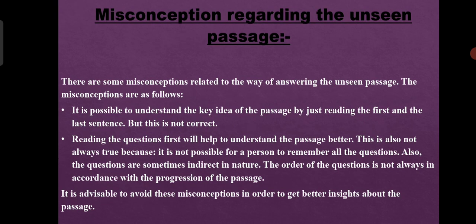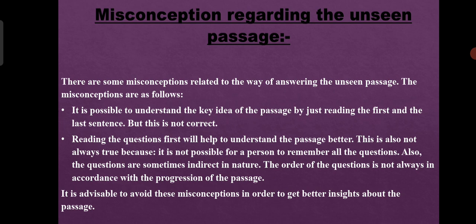Children, here are some misconceptions related to the way of answering the unseen passage. Kindly pay attention. It is possible to understand the key idea of the passage by just reading the first and the last sentence, but this is not correct. Reading the questions will help to understand the passage better.